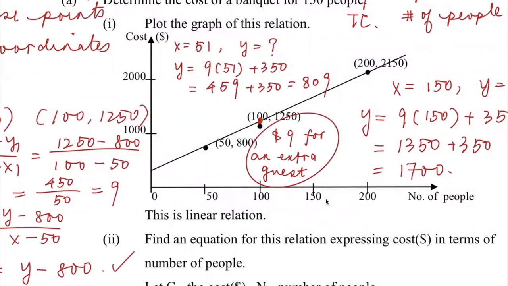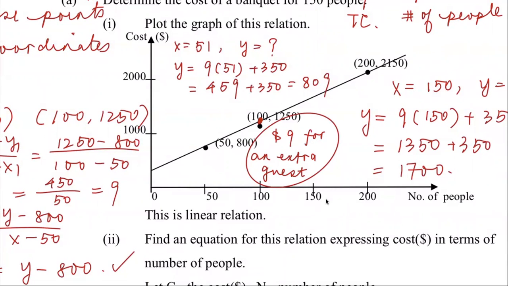We know if we have 50 people, then we need to pay $800 for the banquet. Now, if we have 51 people, we can use the expression that we found to see that we need to pay $809, which means for the extra guest, we need to pay $9 extra.